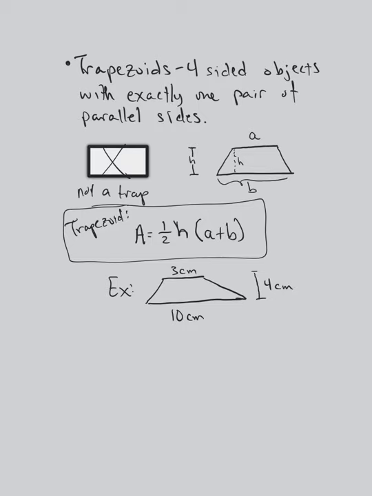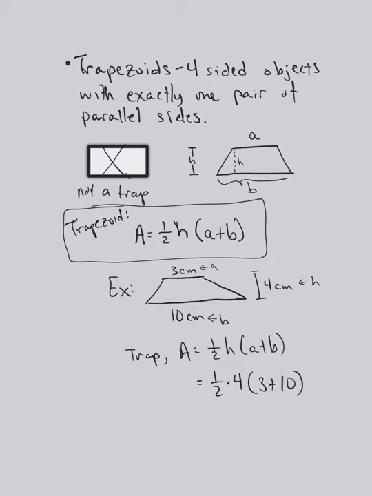In terms of that formula, this is acting like the A, this is acting like the B, and this is acting like the height, H. The key thing is we recognize it as a trapezoid, and so its area is 1/2 h times A plus B. So I have 1/2 the height, that's 4, times, in parentheses, A plus B.